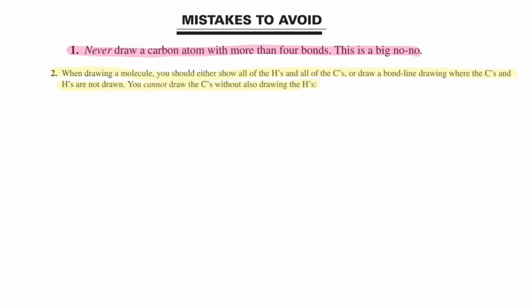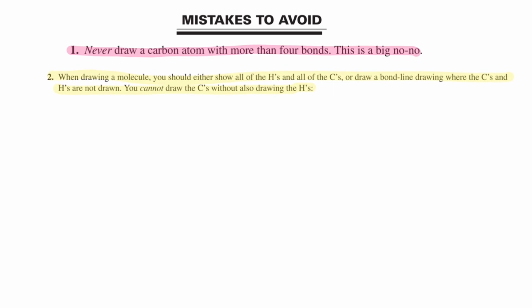Now the second mistake. When drawing a molecule, you should either show all the hydrogens and all the carbons, or draw a bond line drawing where the carbons and hydrogens are not drawn.